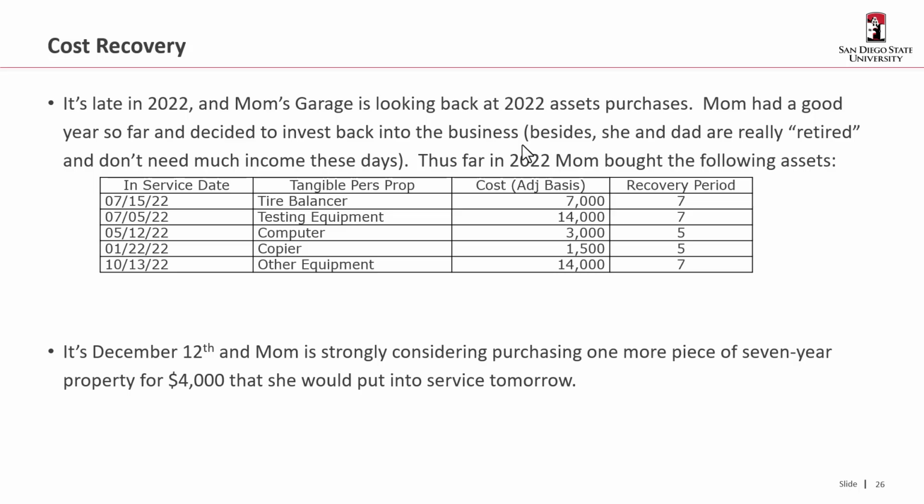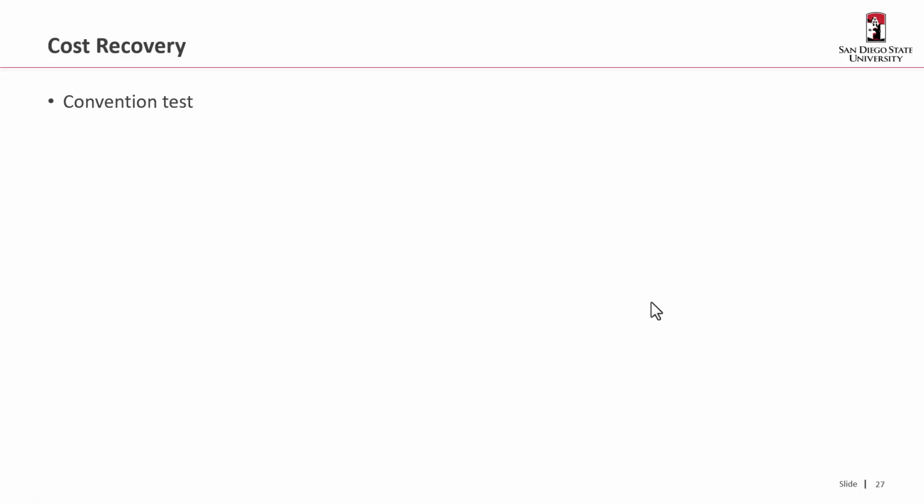In case you hadn't noticed, because you don't know whether 40% were placed in service in the fourth quarter until the end of the fourth quarter, you don't really depreciate assets for tax purposes until year end, because you may not know what convention you need to apply, for example. So in this case, we've got all these items plus an additional item for $4,000 on December 12th.